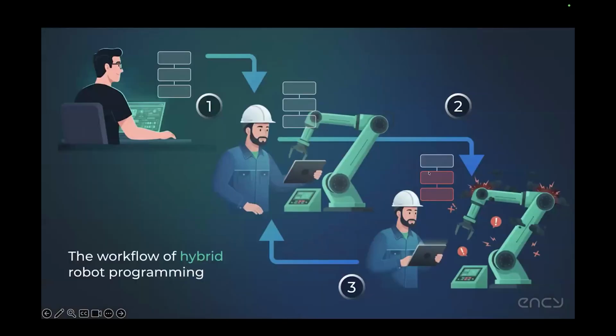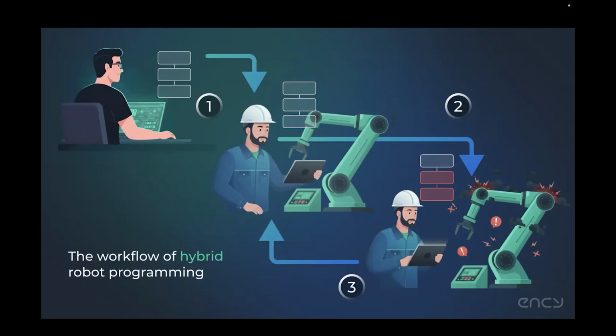ENCY Hyper keeps the user in the loop with the real robot, allowing the program to be executed and refined simultaneously. In simple terms, the platform connects to the robot controller online, enabling the engineer to test and adjust robot motions directly on the real robot, while observing the results both in the virtual model and in the physical cell.